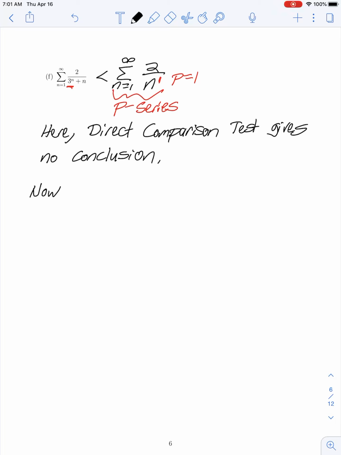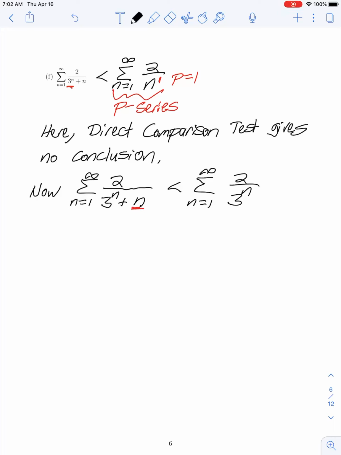So let's consider the series that we started with. That is the sum from 1 to infinity of 2 over 3 to the n plus n. And instead of omitting that 3 to the n term in our denominator, let's omit the plus n term. So if I were to get rid of the plus n term in my denominator, I would be looking at a larger series of the form 2 over 3 to the nth power.